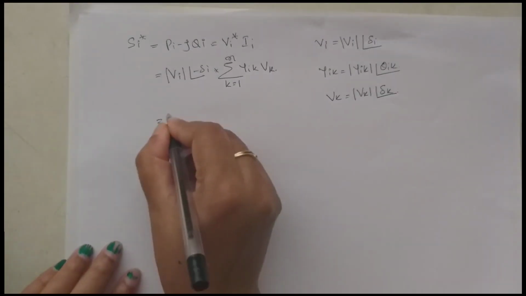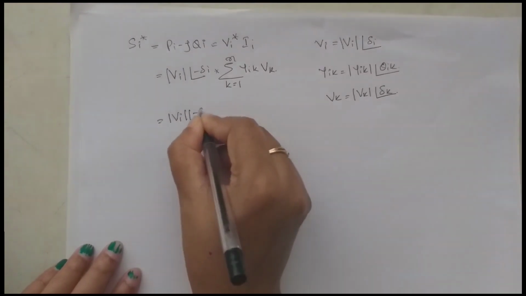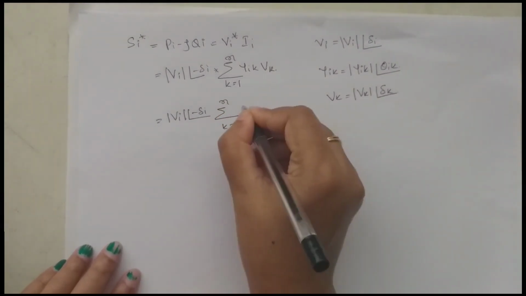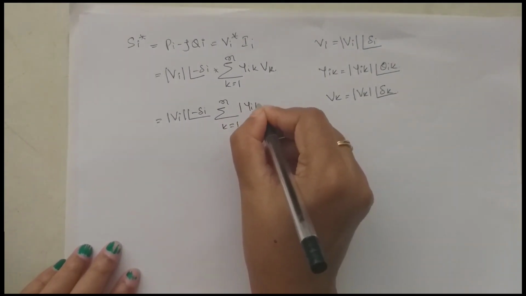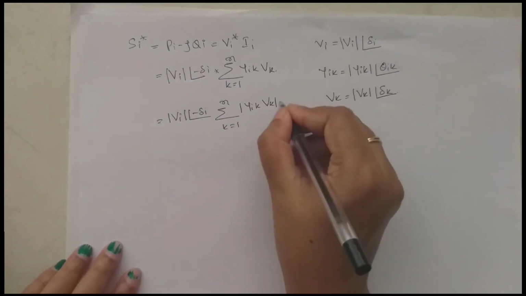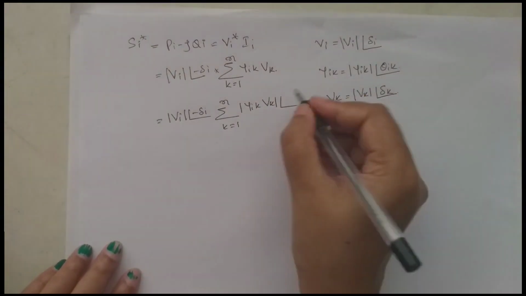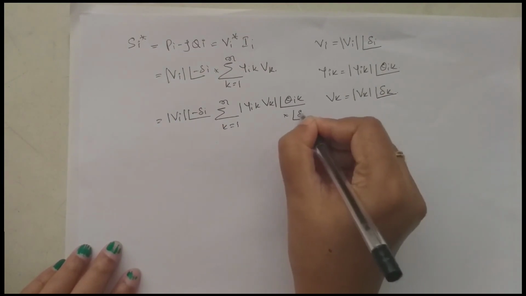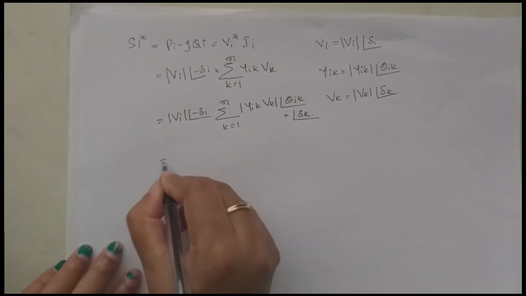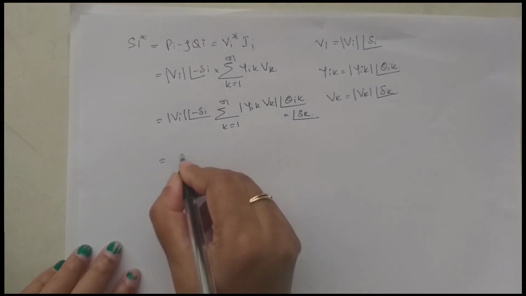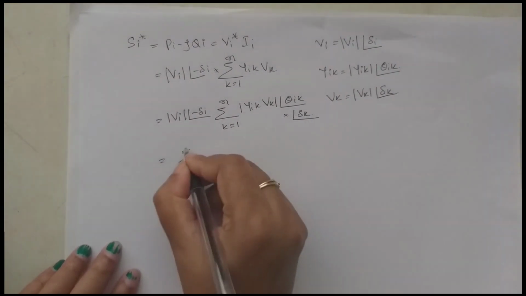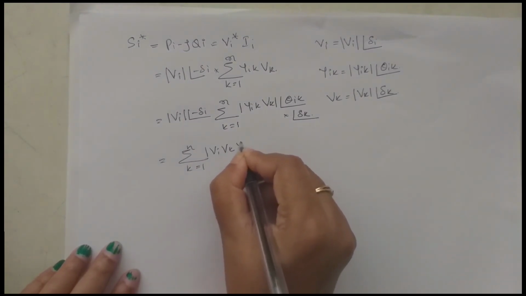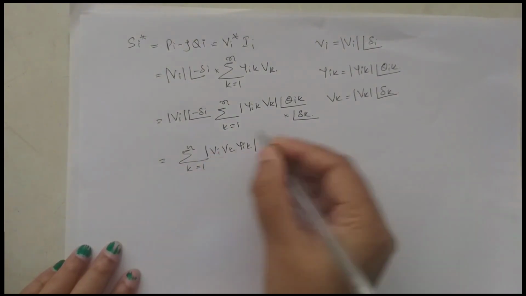Substituting, we get Vi at an angle minus delta i, summation k varies from 1 to n, of Yik Vk magnitude, at an angle theta ik into at an angle delta k. Taking Vi inside the summation, we get summation of Vi Vk Yik magnitude.